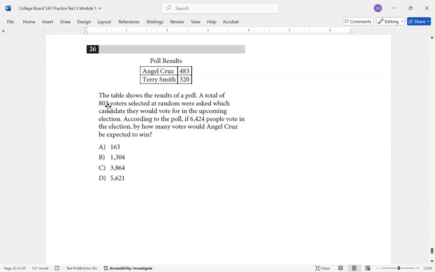So they polled 803 and they want to expand this out to 6,424. If you expand this out, the projection for Angel Cruz votes is going to be equal to, since Angel Cruz got 483 out of 803 in the poll, 483 over 803 times however many people voted, 6,424.